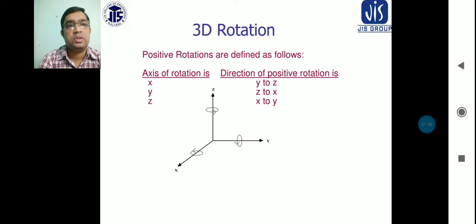The axes of rotation are the x, y, and z axes. The x axis can rotate toward the y axis, or maybe toward the z axis.